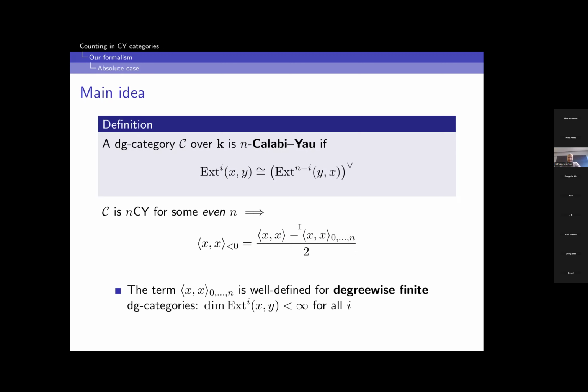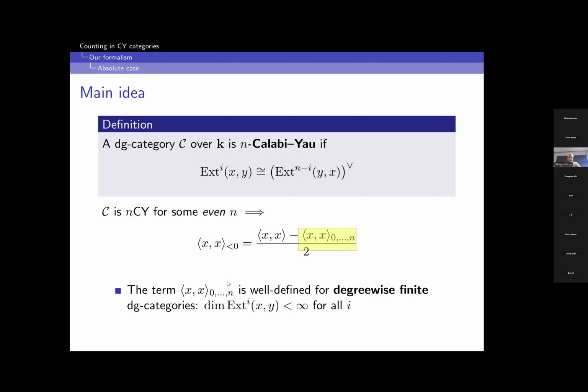The second term is maybe more sensitive, right? The first term is the Euler pairing. It only depends on the class of X in the Grothendieck group, whereas this one really depends in general on the isomorphism class of X. So somehow the second term is the more important or interesting one.